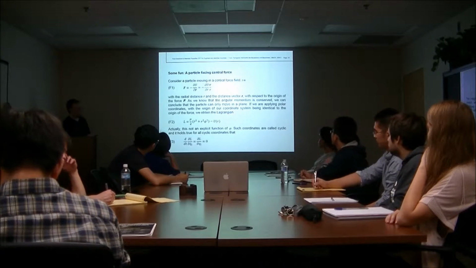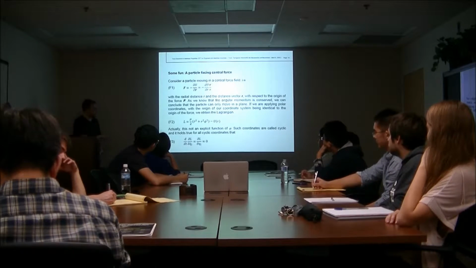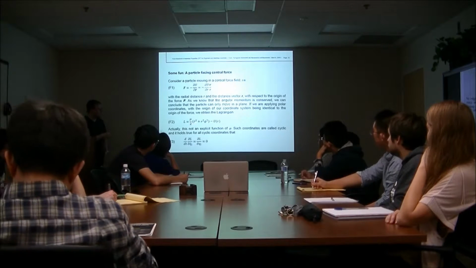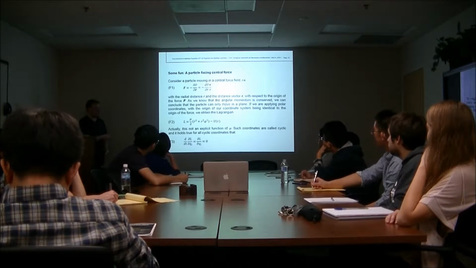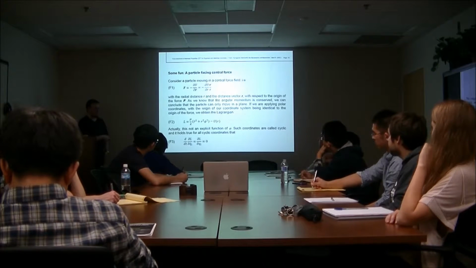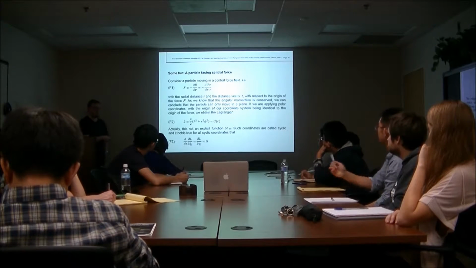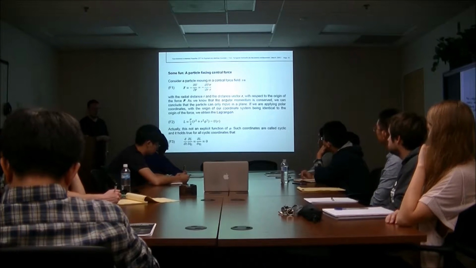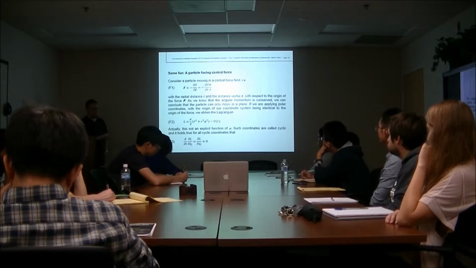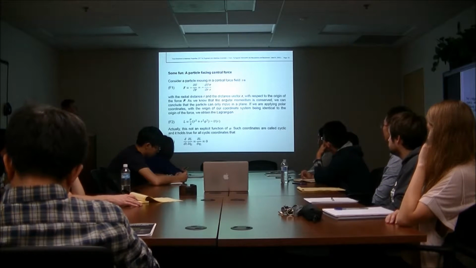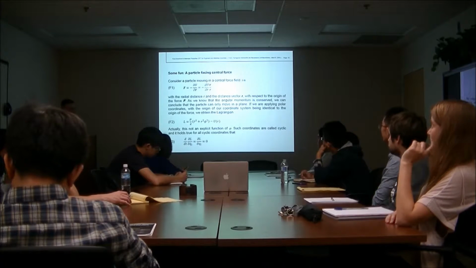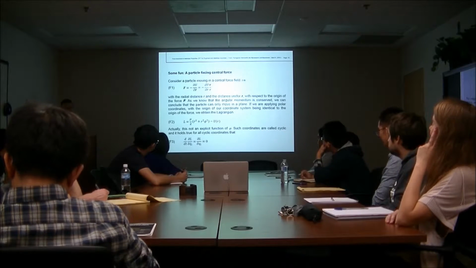In polar coordinates, we can transform from Cartesian to polar. So we have our distance and we have our angle. We have an angular velocity. It still needs to be the correct dimensions, so the angular velocity is then distance times the angle derivative. And we have our potential. As a central potential, it is just depending on the distance and not on the angle.